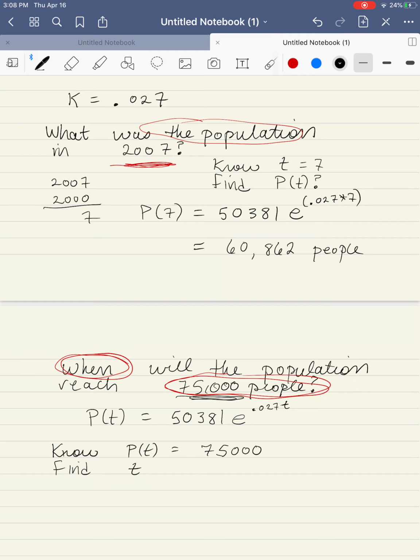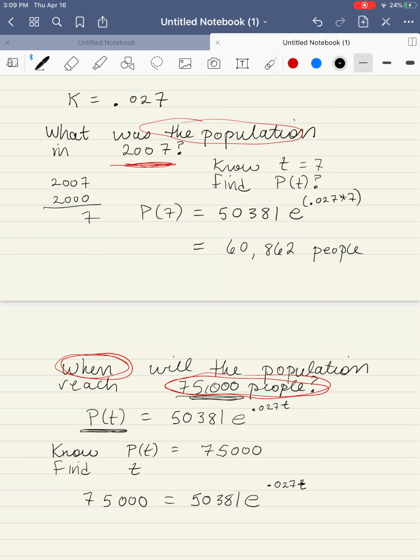So we're trying to find t, we know P of t. So we put both of those into the formula, the 75,000 replaces all of P of t. So we have 75,000 equals, and then the 50,381 is just part of my model, e to the 0.027 t, and t is my variable. t is what I'm trying to find.